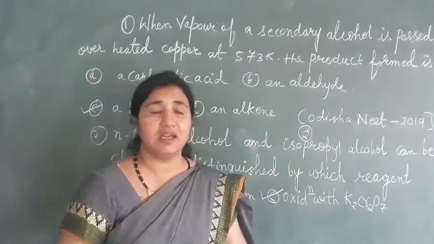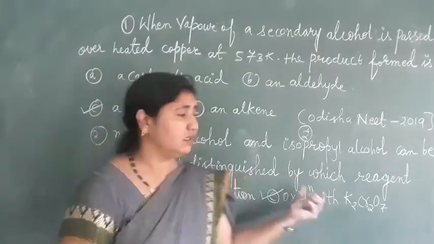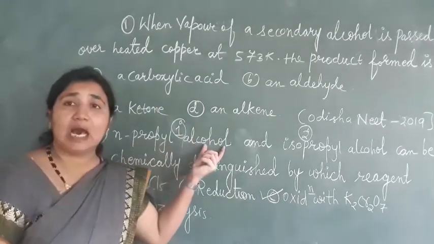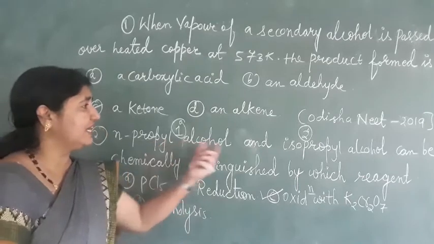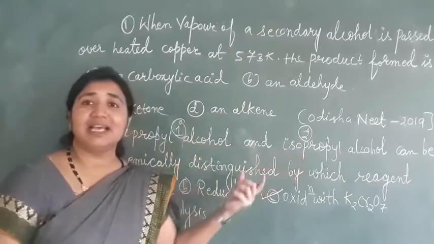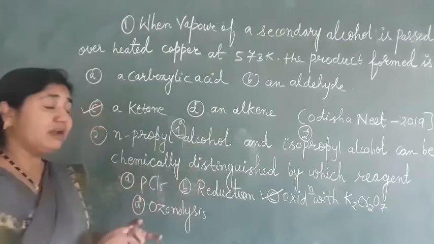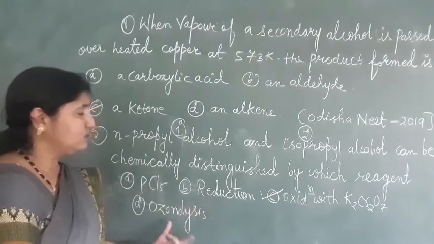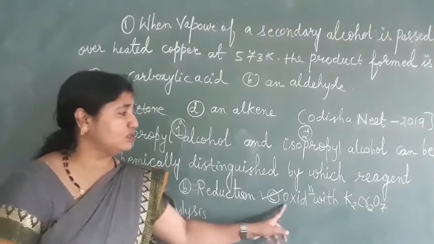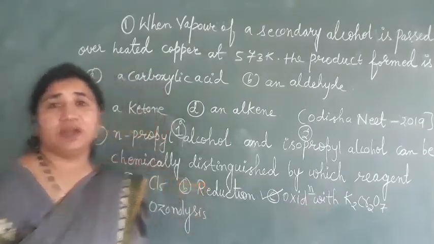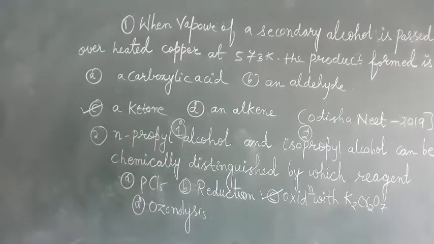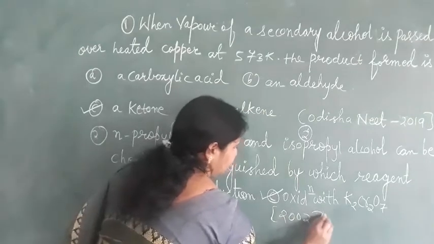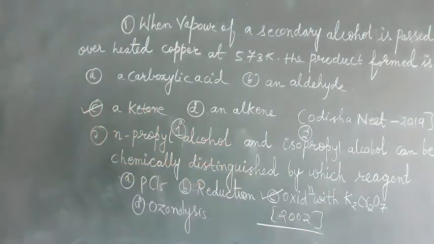N-propyl alcohol gives propanal, an aldehyde, and isopropyl alcohol gives acetone. Not PCl5, and not ozonolysis. The correct option is oxidation with K2Cr2O7. This question was asked in 2002.